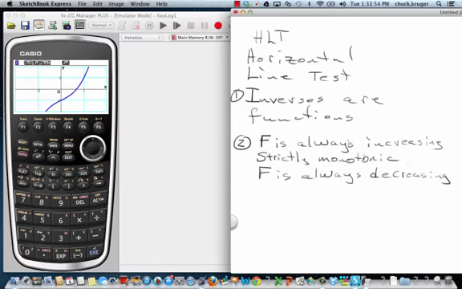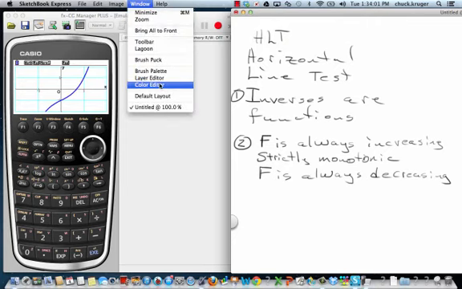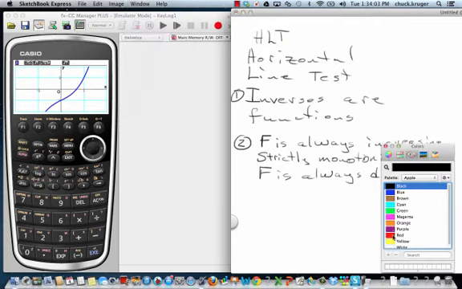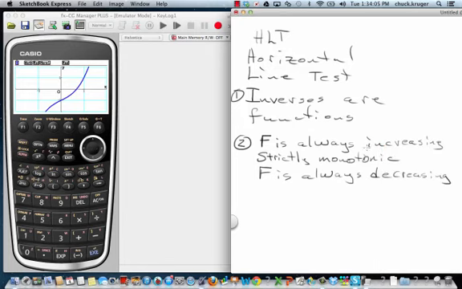If f is always increasing, I'm going to change the color here to purple. That means f prime, the derivative, is always positive. If f is always decreasing, it means f prime, the derivative, is always less than 0.